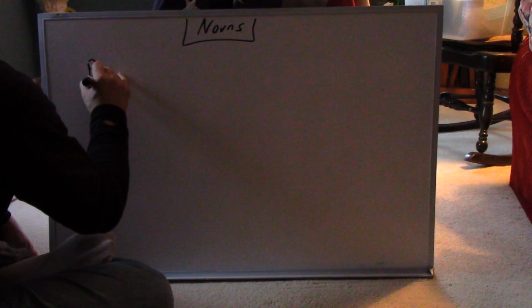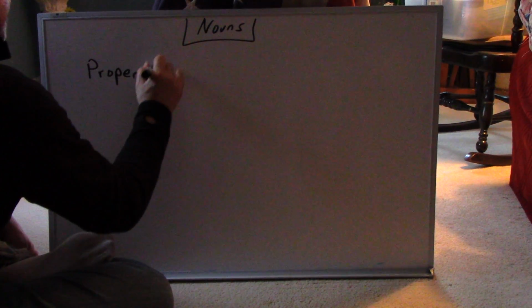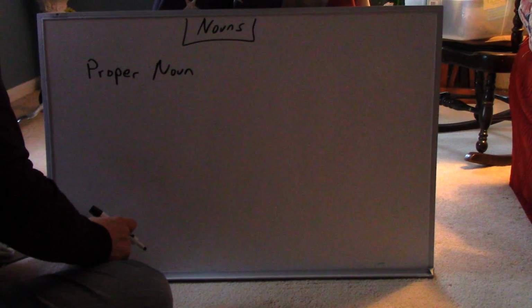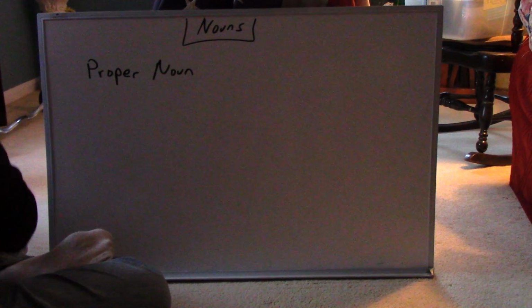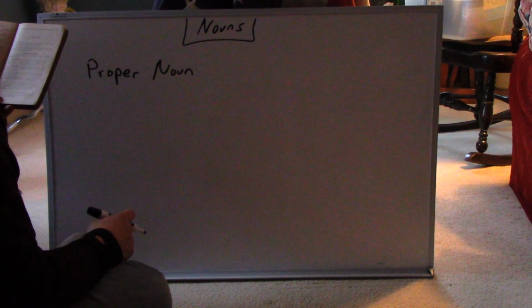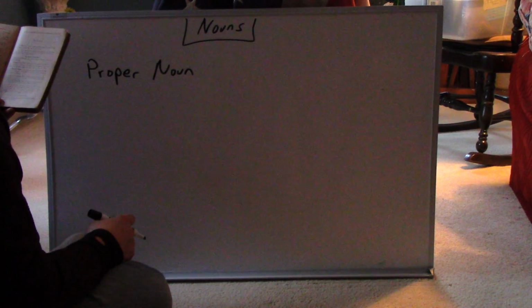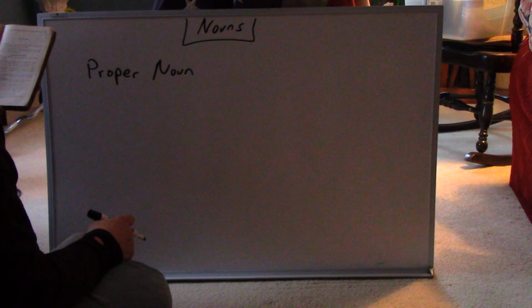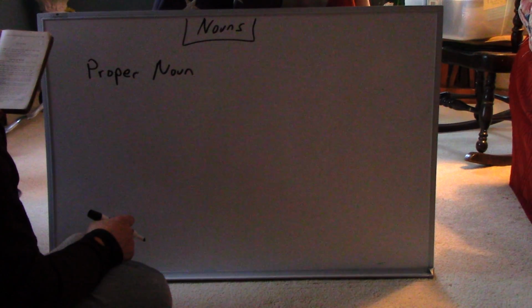We have what we call a proper noun. And a proper noun is a word used as the name of a particular object or collection of objects to distinguish it from others of the same class.